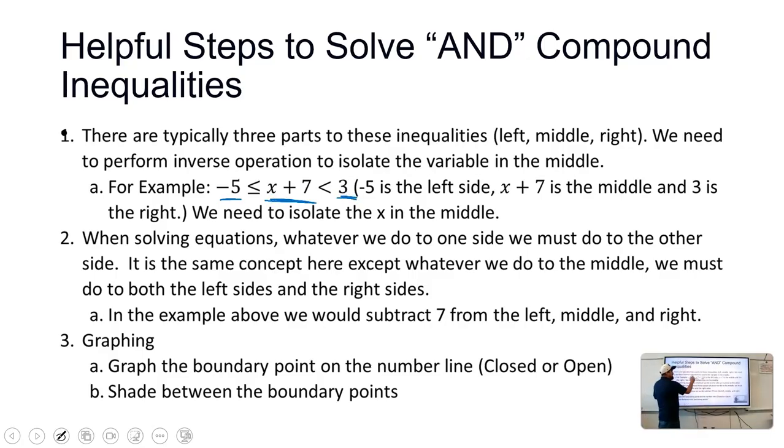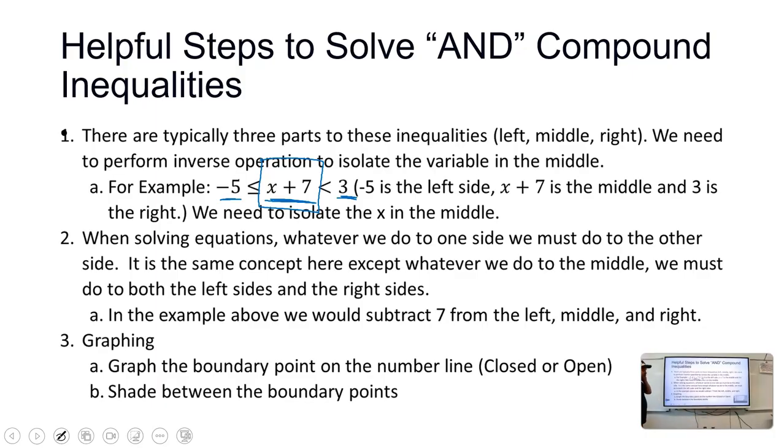And we have to isolate whatever's in the middle. So in this case, I would subtract 7. Usually whatever we do to one side, we do to the other. In this case, we technically have 3 sides, so we're going to do it to all 3 of the sides whenever we do something to any of them.